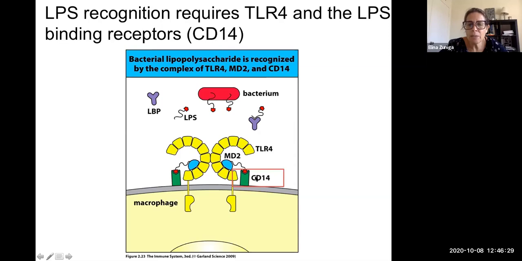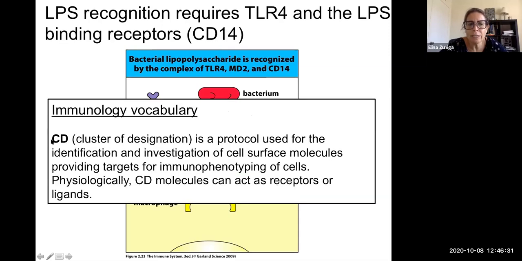And this brings me to the definition of what a CD is. Because you will be hearing throughout this course a lot about CDs, and in this case it is CD14, but there are many other CDs.